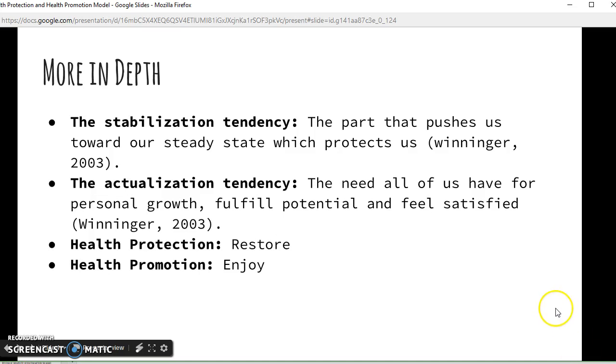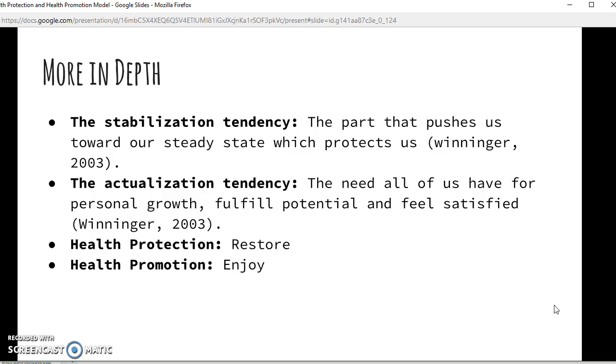All right, so going into a little more about the stabilization and the actualization tendencies. The stabilization part is more the part that pushes us toward that steady state, which protects us. And the actualization tendency is more fulfilling our potential and feeling satisfied with obtaining that wellness.